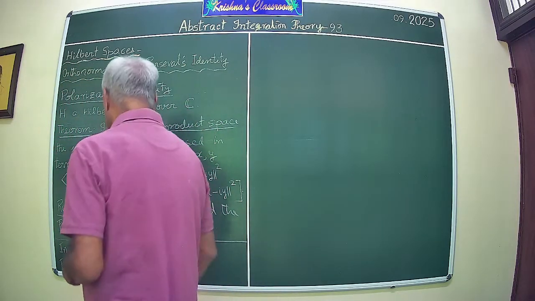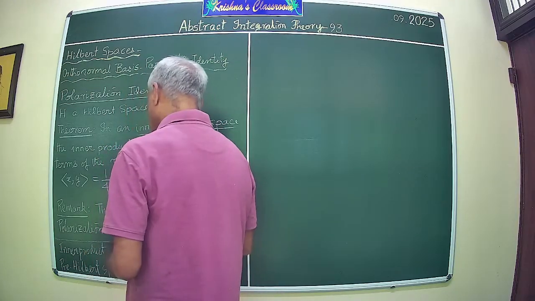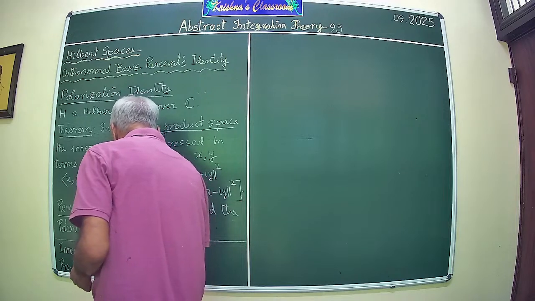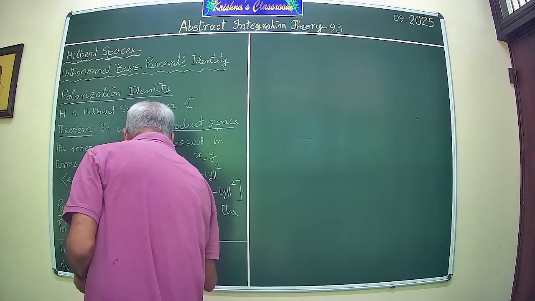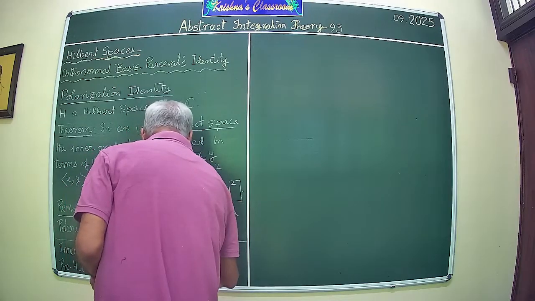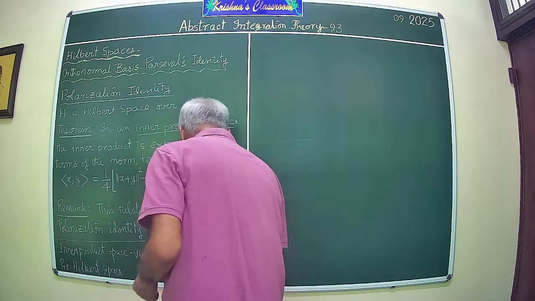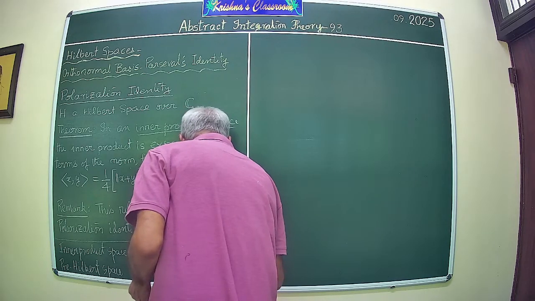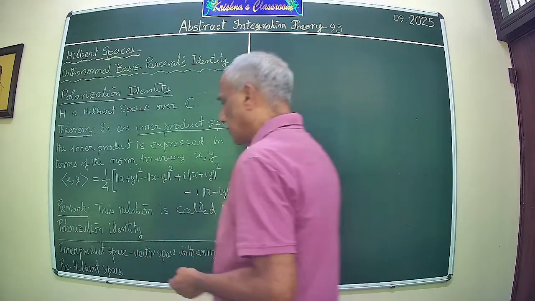It's a vector space with an inner product. And what's a pre-Hilbert space?